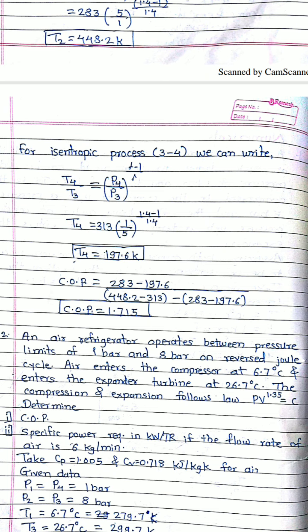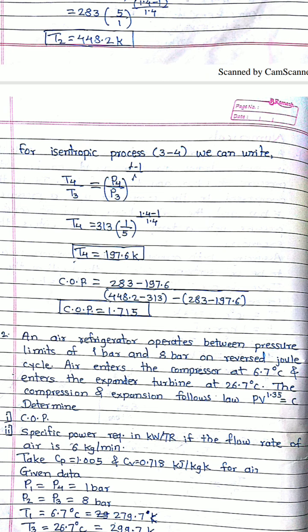So take the next numerical. An air refrigerator operates between pressure limits of 1 bar and 8 bar on a reversed Joule cycle. Air enters the compressor at 6.7 degrees Celsius and enters the expander turbine at 26.7 degrees Celsius.